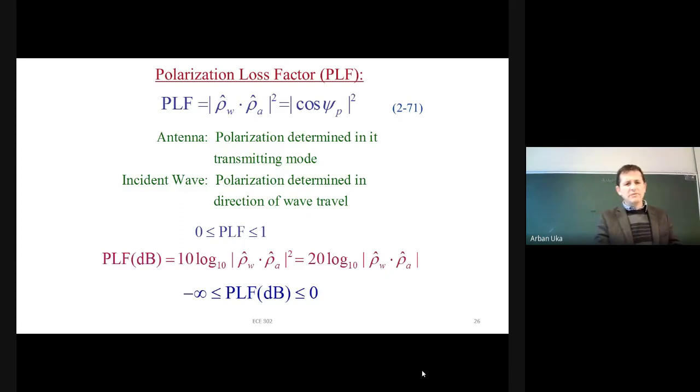And PLF, like many different parameters of antennas, can also be described in decibels. In this case, the logarithm base 10 of 1 is equal to 0, and the logarithm base 10 of 0 is equal to minus infinity.